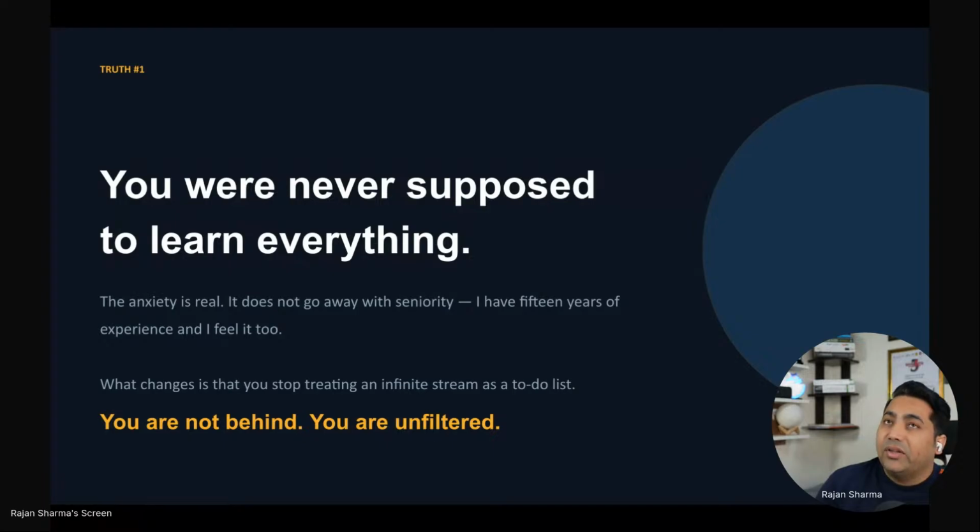Even if you become super senior, it will still keep hitting you in the back of your mind again and again, that you need to learn everything. And maybe you will start building a to-do list which will keep growing, and there is a high probability we will never achieve it. This is kind of the mathematics we never calculated well.